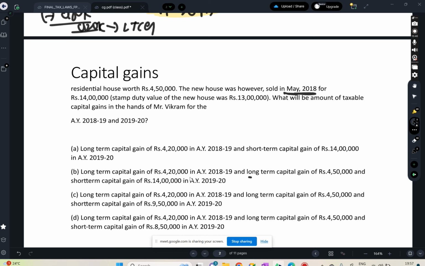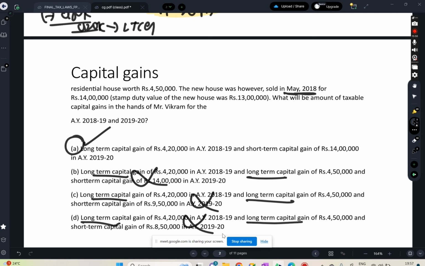The ones where both are long-term capital gains are not correct, so the answer is A.